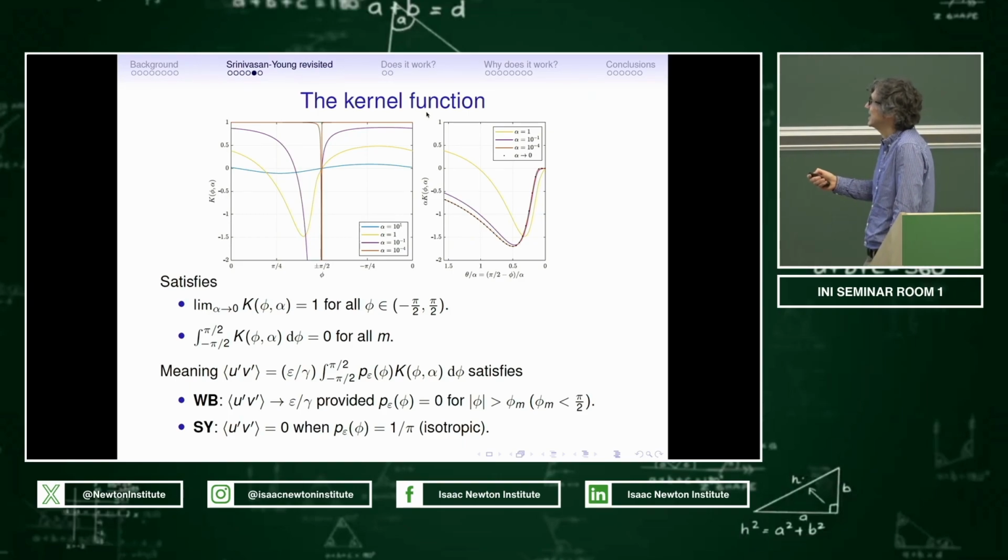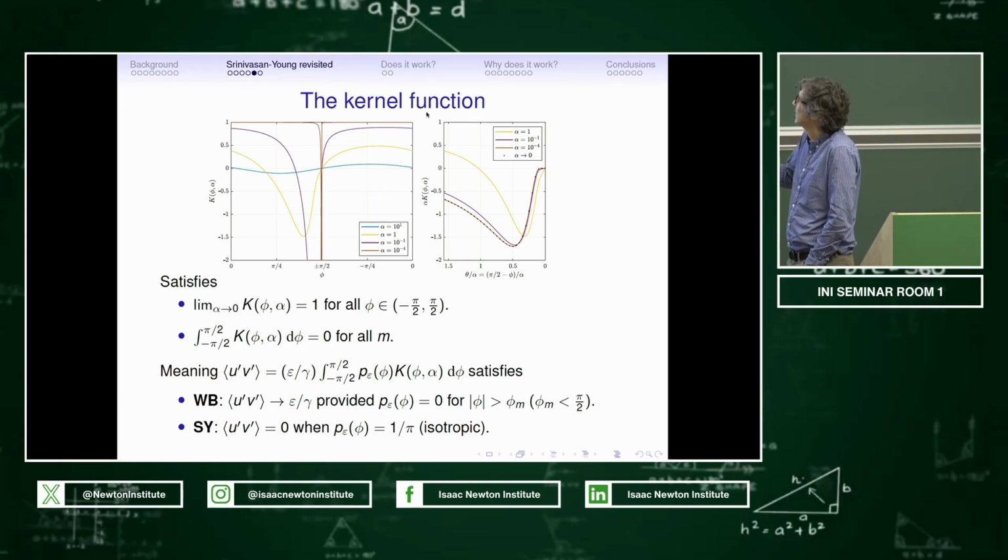So the point is that, provided you've got a cutoff in your wave number angle, this integral will tend to 1, this thing integrates to 1, so you'll recover the Fourier-Boucher result. And you can see why it happens by considering what the kernel function looks like.